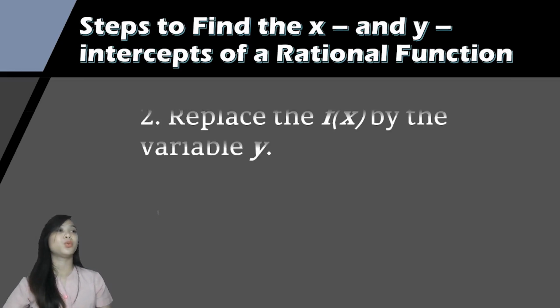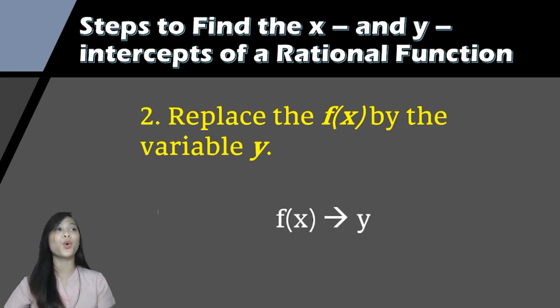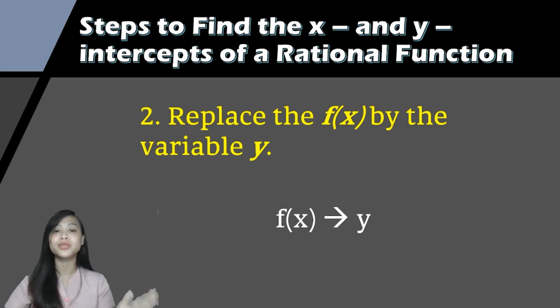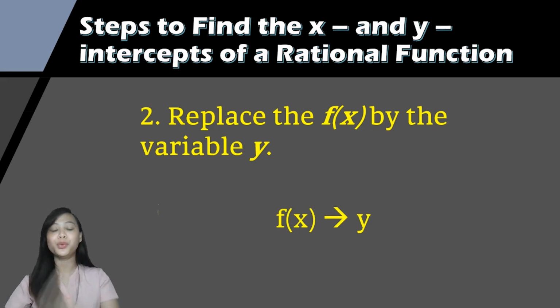The second step: replace f(x) by the variable y. As I've said before, your function output f(x) can also be denoted by y, so your f(x) values are also your y values.